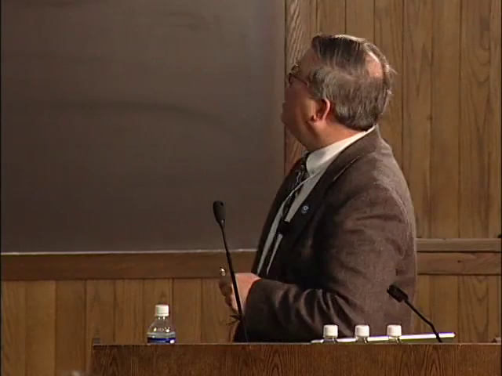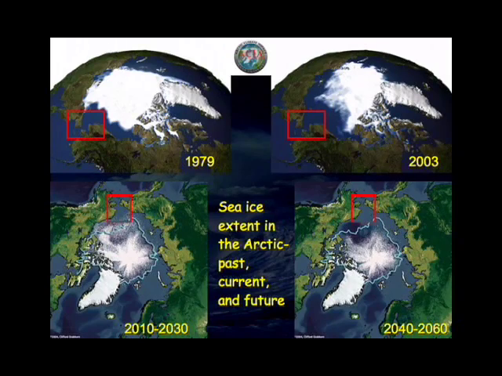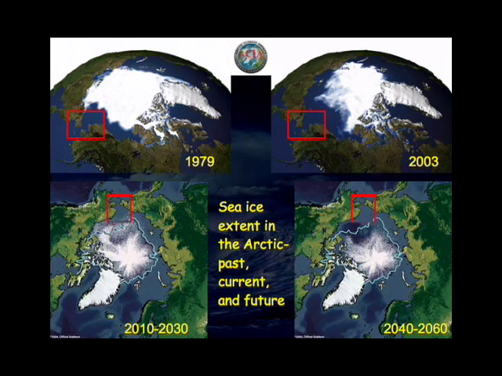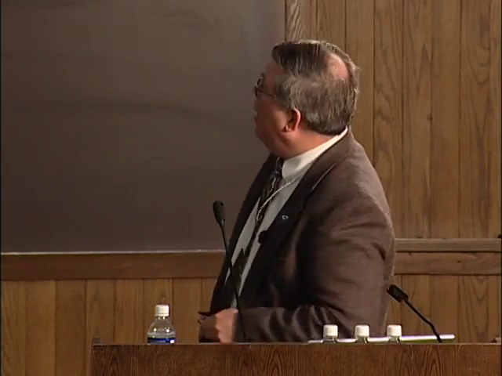This is larger than the area of Texas, and you can see that the Arctic regime provides the ice for the Bering Sea regime here, and so the linkage between the Arctic and the Bering Sea is quite important. The projections for the future are quite dire, and perhaps by the end of the century there will be a summertime loss of ice throughout the entire Arctic regime.